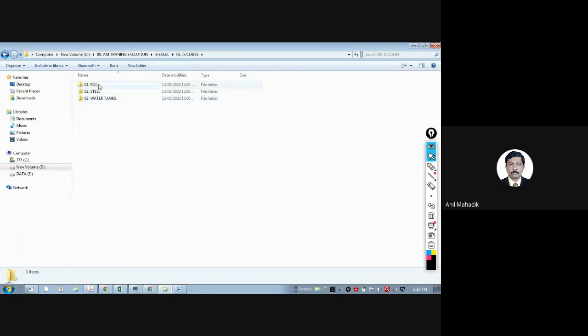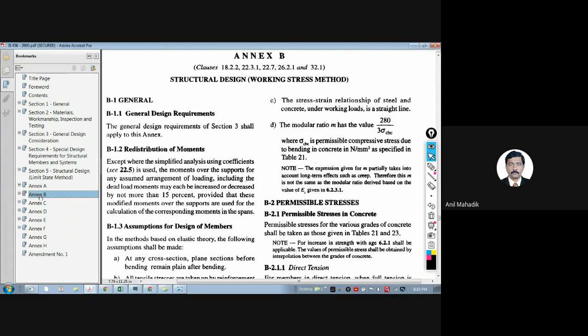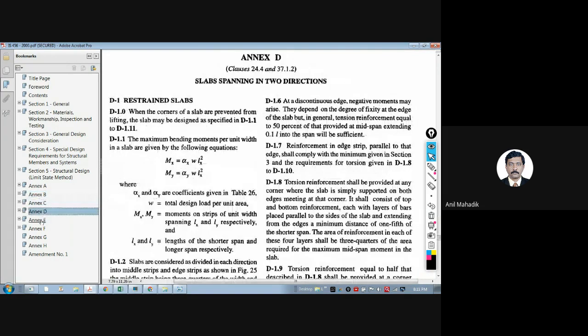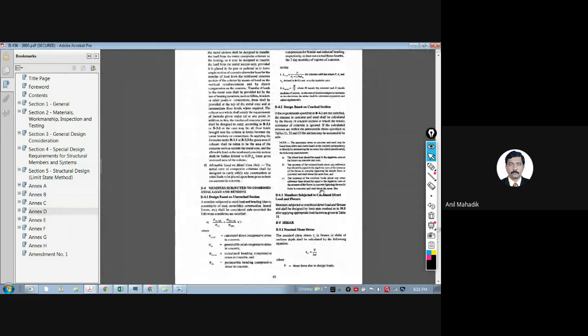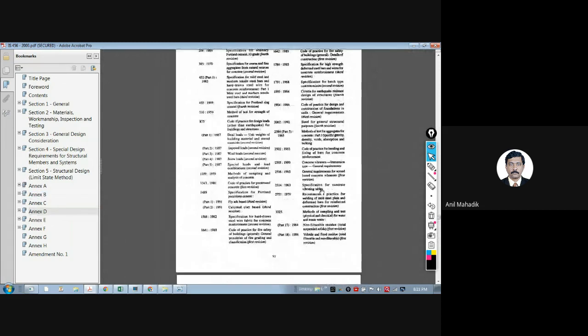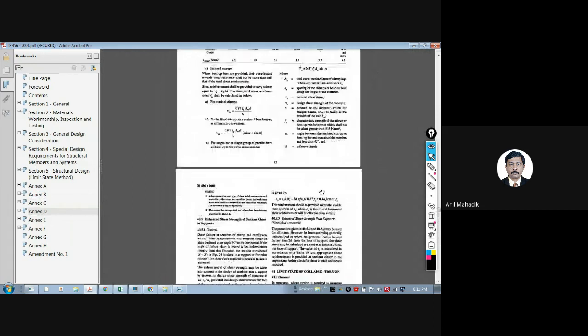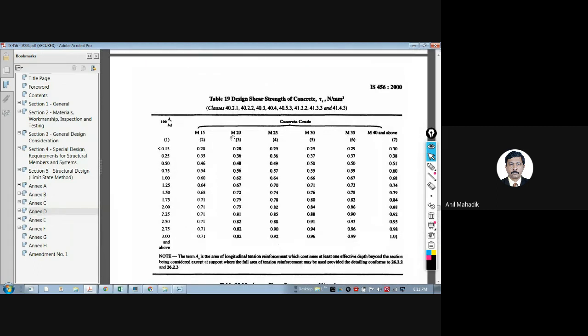So in this code you'll see that in 456, here in this table 19, you can see our grade of concrete is 20, and 100 AST upon BD is nothing but percentage steel. How much is it coming in our case? 0.21, right?